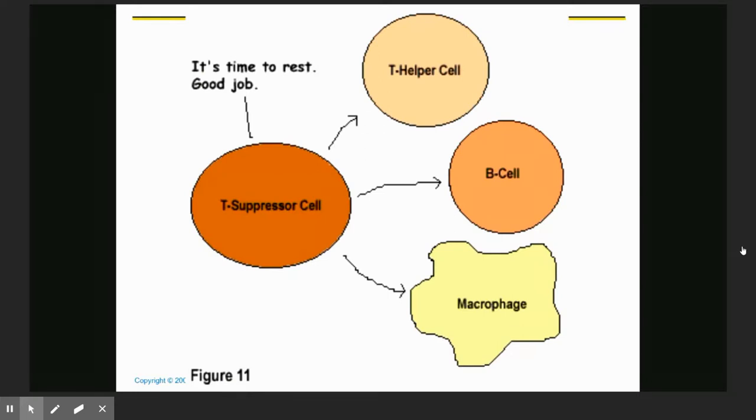In other words, they basically tell them their job is over, it's time to rest. But again, it's by these cytokines, which are basically just little local hormones. Any questions about that?